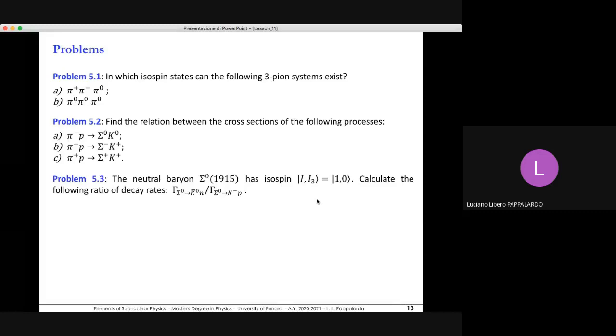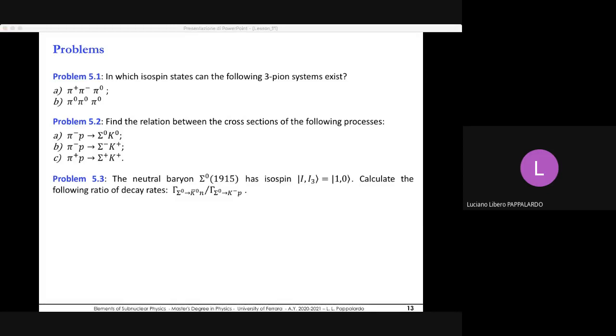So the neutral baryon sigma 0, 1915, has isospin 1, 0. Calculate the following ratio of decay rates. Okay, so of course what we have learned about reactions applies also to decays, as long as the decays are regulated by the strong interaction. So that one can impose isospin conservation.